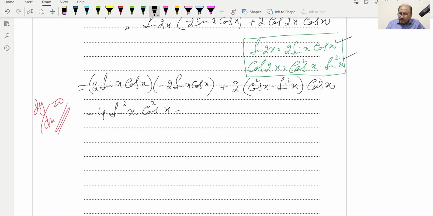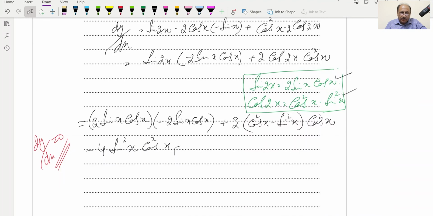So further we can rewrite it as plus 2 into cos square x minus sine square x into cos square x, and this will be equal to 0, and this should be plus over here.